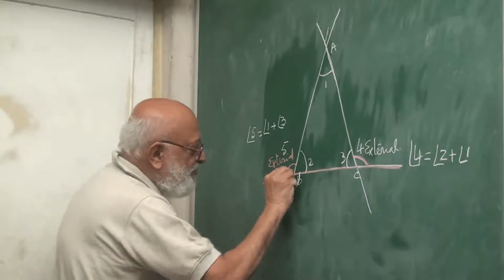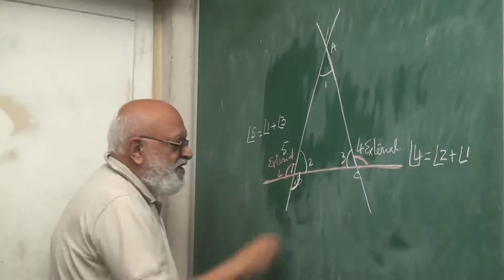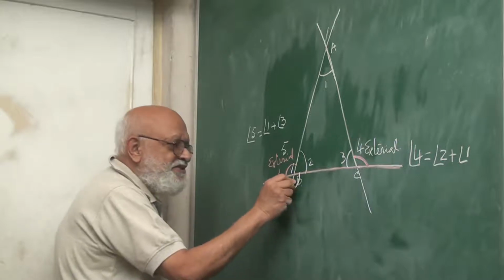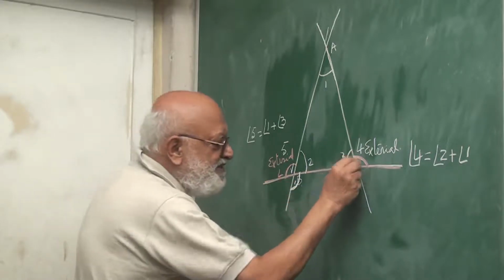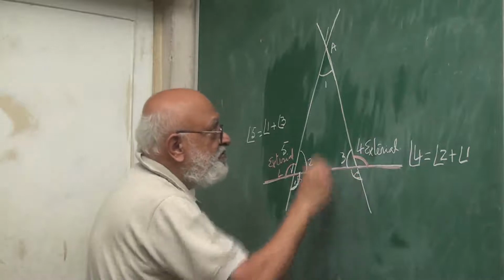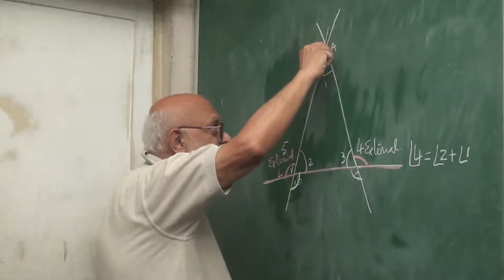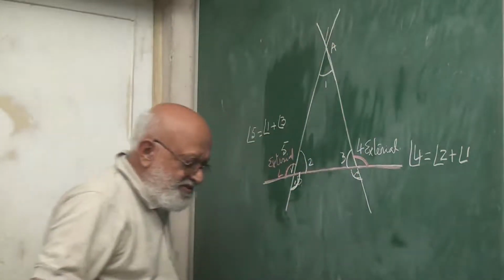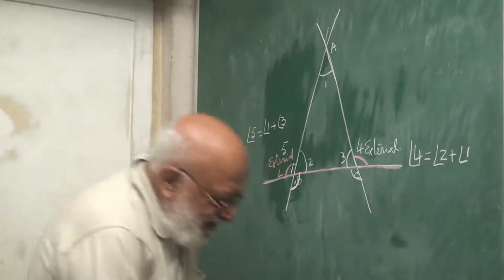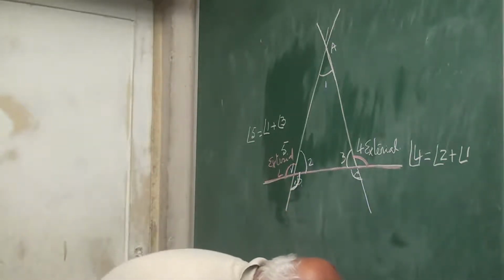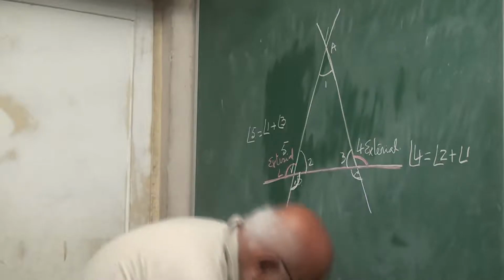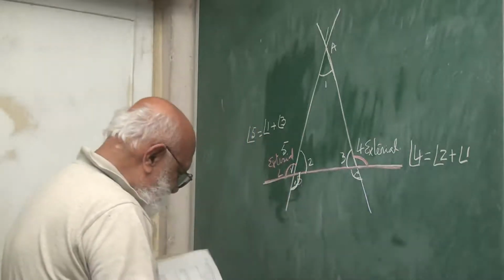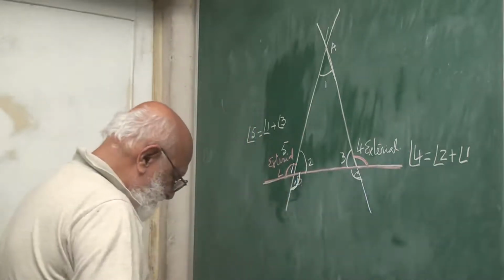Now they are also vertically opposite angles, so if this is true, then this will be true. Similarly, if this is true, then this will also be true. All these you can apply on all 3 of the exterior angles. Now I will take up some sums which will help us understand these issues further.